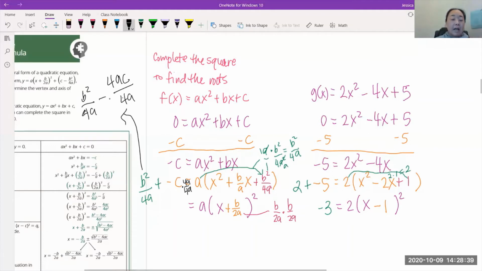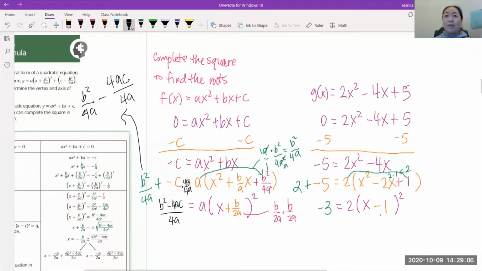Since we have common denominators, we're just going to subtract them together. So it's going to be b squared minus 4ac over 4a, because it's a common denominator. Now we've simplified it just like how we simplified the 2 plus -5, which is -3. We simplified it on our side too. It looks complicated, doesn't look very simple, but we did it.